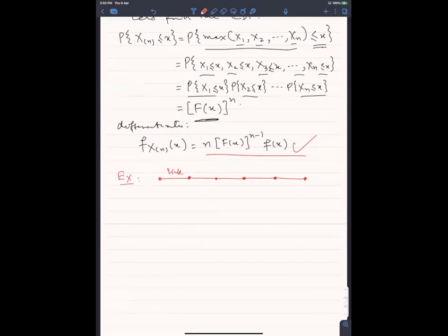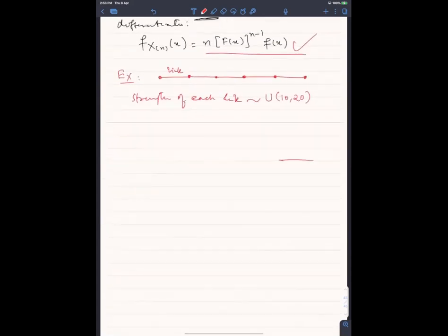So the strength of the chain, strength of each link, let's say the strength of each link is uniform between 10 and 20. So if I want to draw its PDF, it would look like this, between 10 and 20, and the height of this is 1/2.